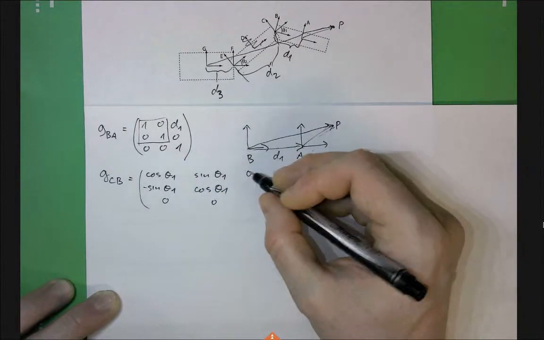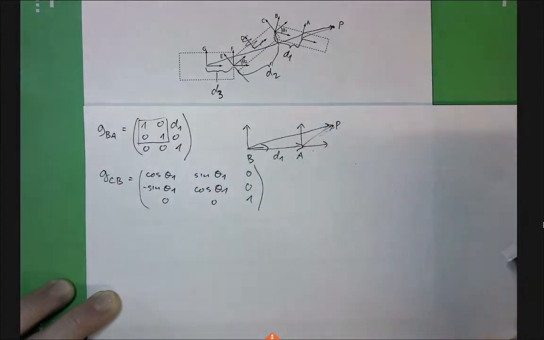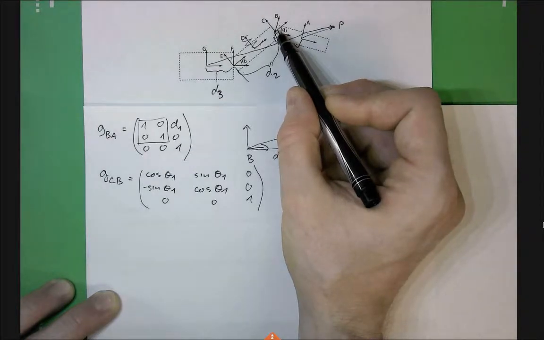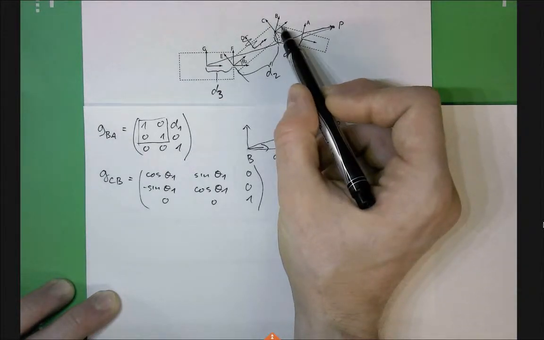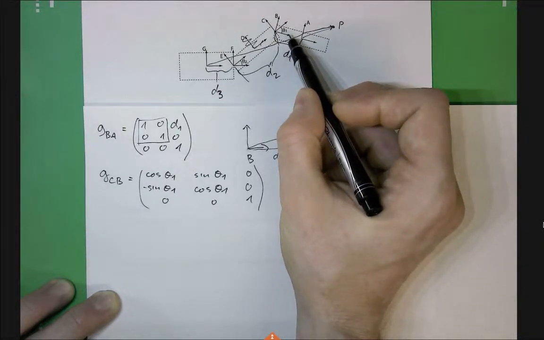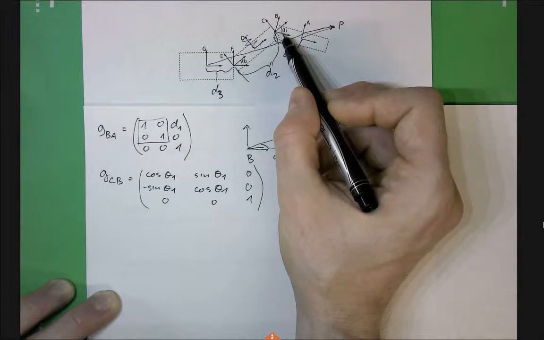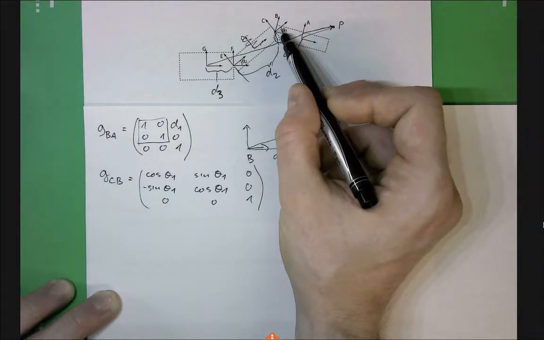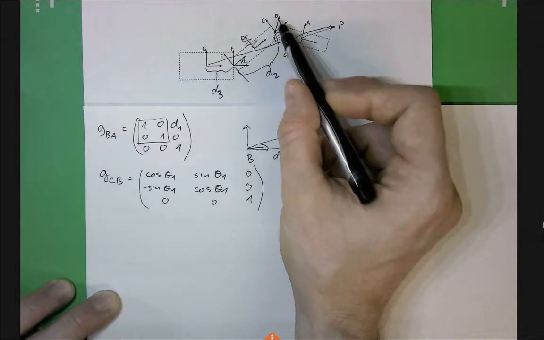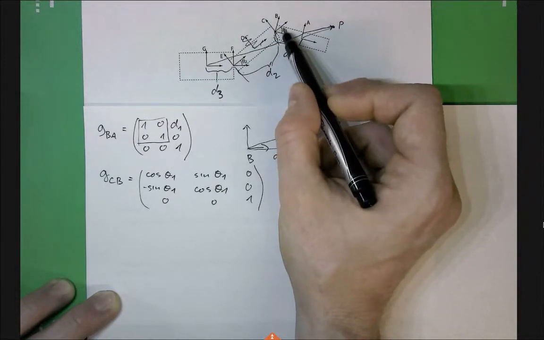We discussed it during the lecture. If B rotates onto C by rotation θ1, then the change of coordinates from B to C is rotation by minus θ1.